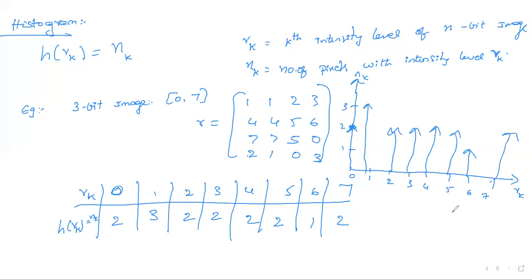Now our aim is you have to modify this histogram for quality improvement. It can be done in two ways. First one is histogram equalization. So what is meant by histogram equalization?